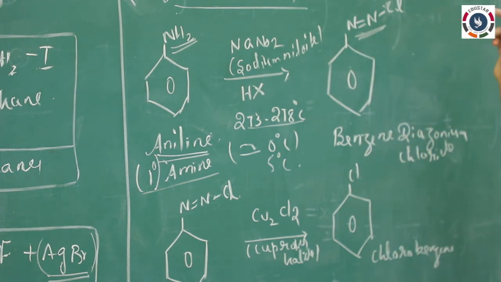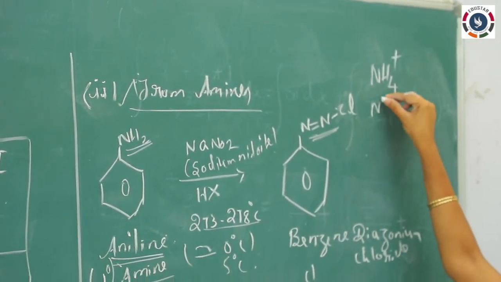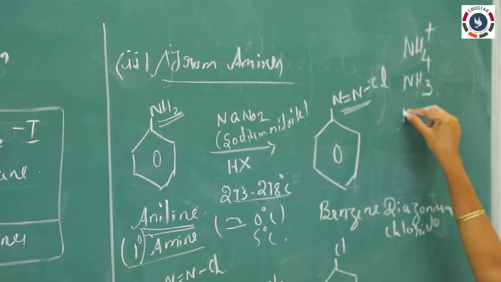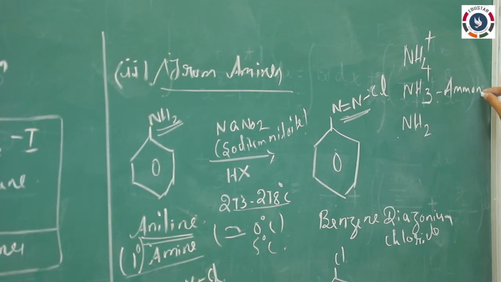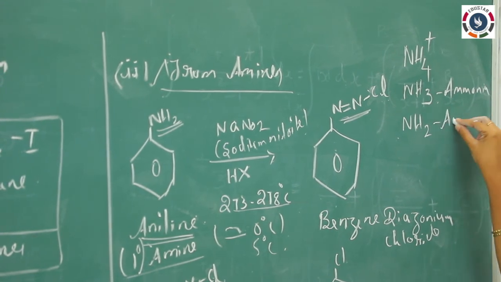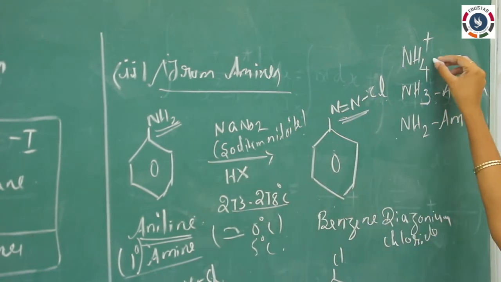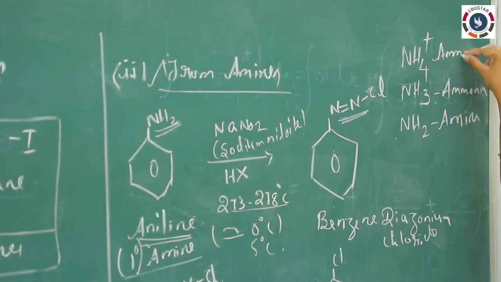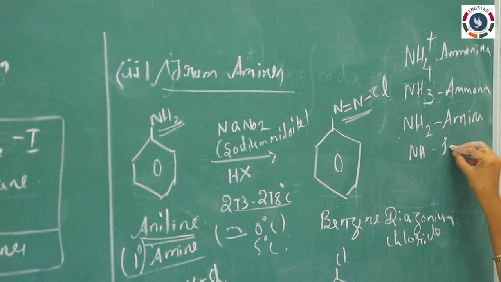This is diazonium. How can we know this? This is ammonium, right? NH4 plus is called ammonium, NH3 is called ammonia, NH2 is called amine, primary amine, NH is called imine.